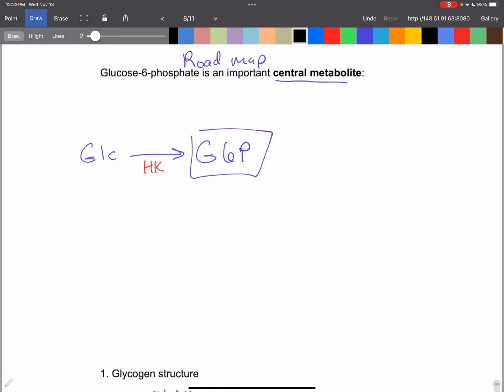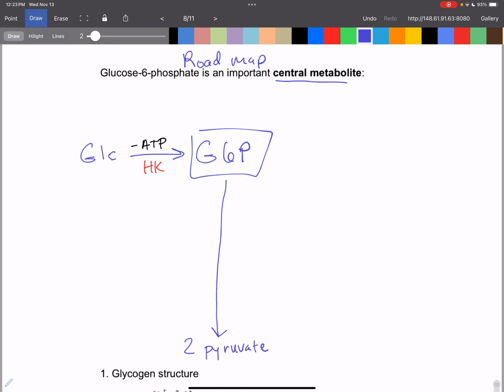That's going to end up costing us an ATP, as we have seen. Now if we think about the rest of the glycolysis pathway, I'm going to draw that going straight down like this. And remember, for every one glucose that enters glycolysis, we get 2 pyruvate molecules. So I'll write that here.